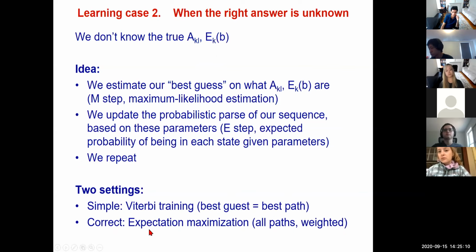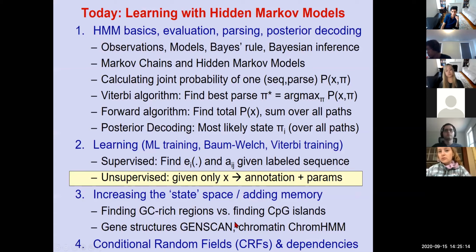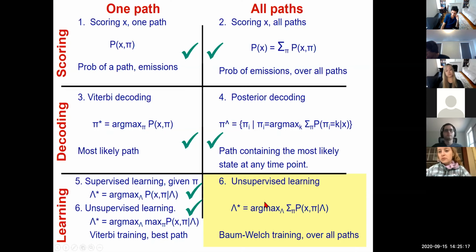But with the all paths view, which is the bottom right of this matrix, the all paths view is a little more complex. We know how to do posterior decoding. That's easy. But what we want is not just the posterior decoding path, because even that posterior decoding path gives us only one interpretation of the sequence at every position.